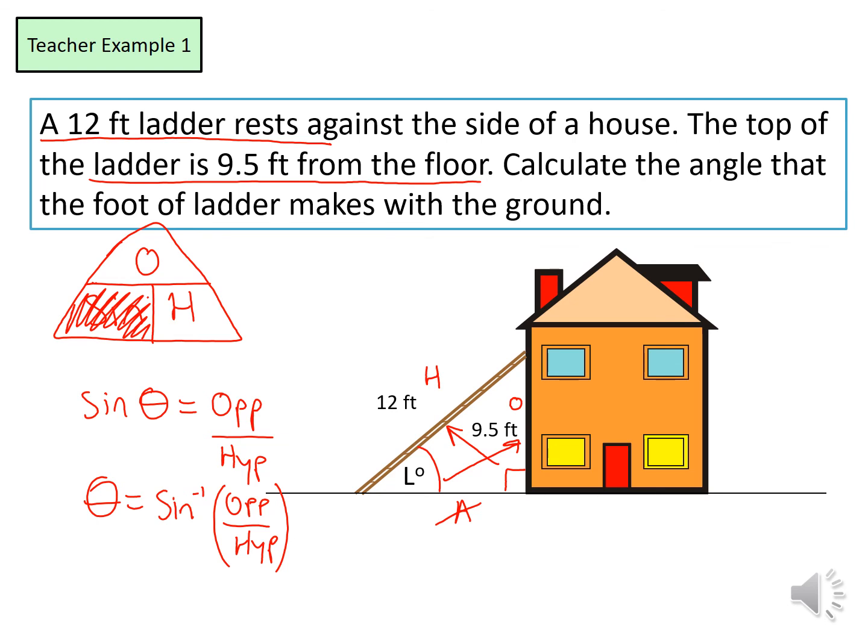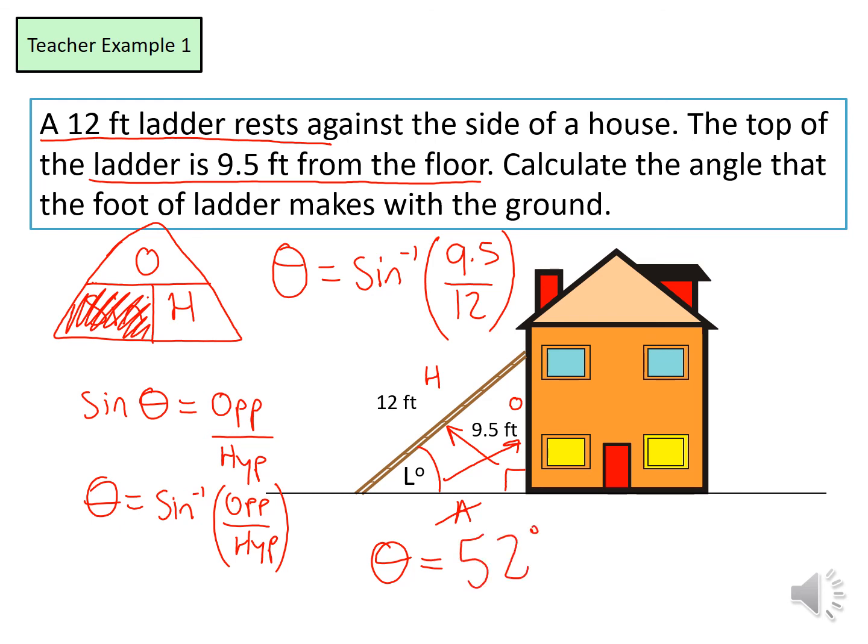So our equation is angle equals inverse sine. Our opposite side is 9.5. Our hypotenuse is 12. Therefore, once you put that into a calculator, your answer should be 52 degrees.